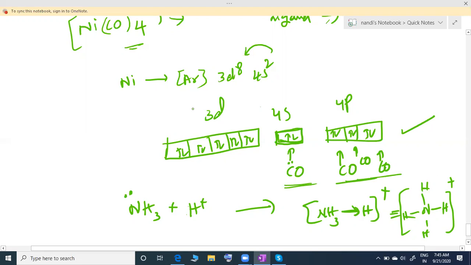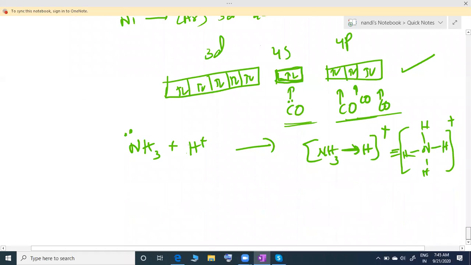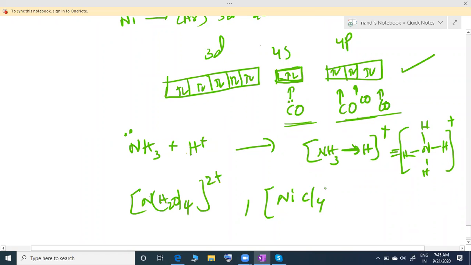So now I am going to discuss how the metal bonding forms. So here CO forms a bond. For example, I am taking Ni(H2O)4 2 plus, and you may take NiCl4 2 minus, Ni(CN)4 2 minus.